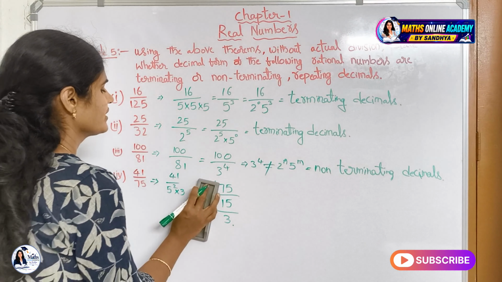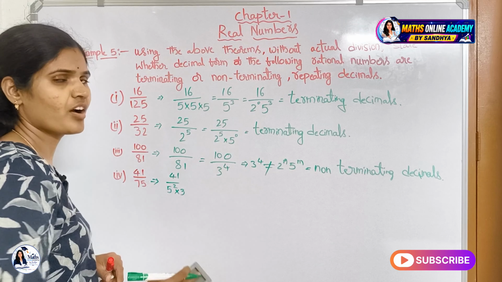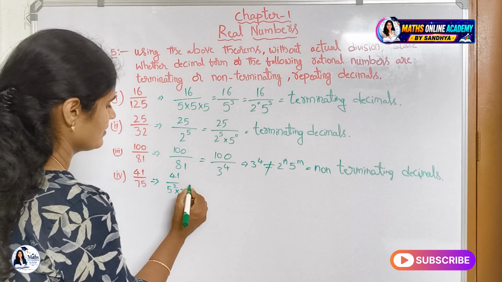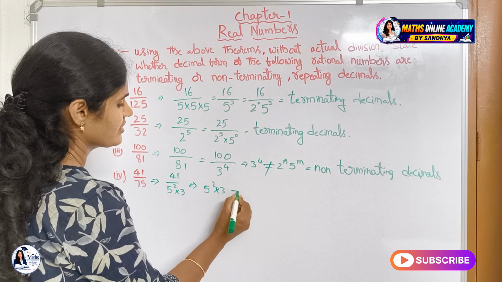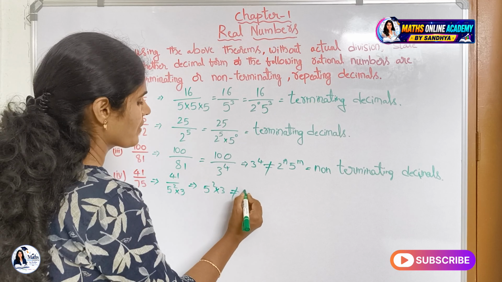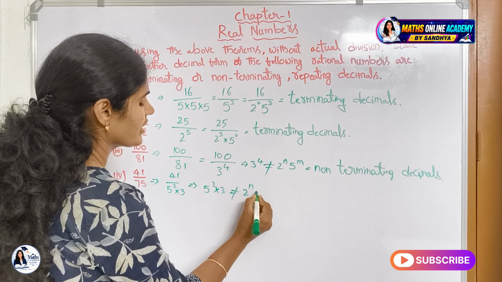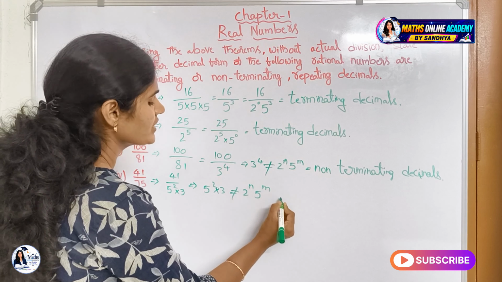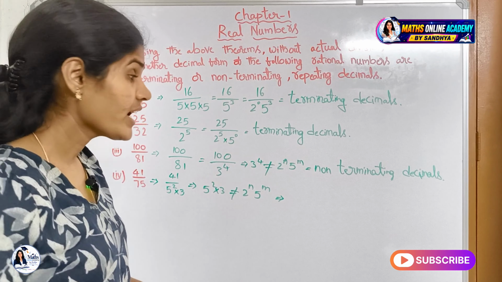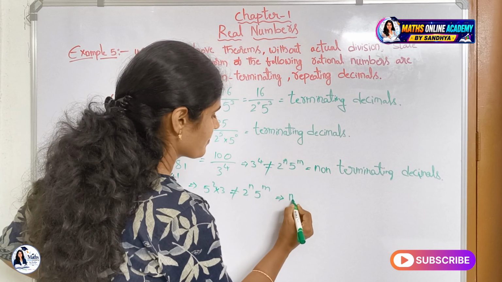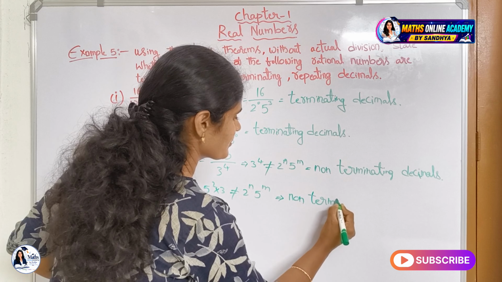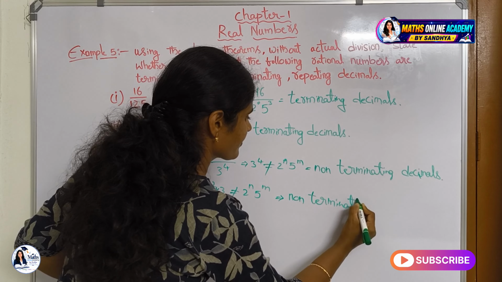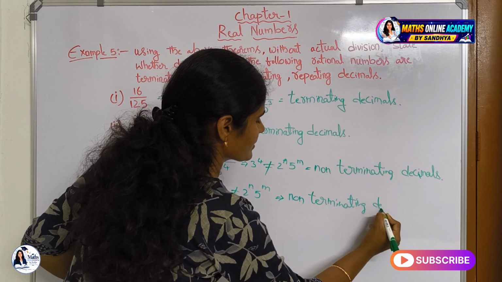Here also, this is not in the form of 2 power n and 5 power m. So this is non-terminating decimals.